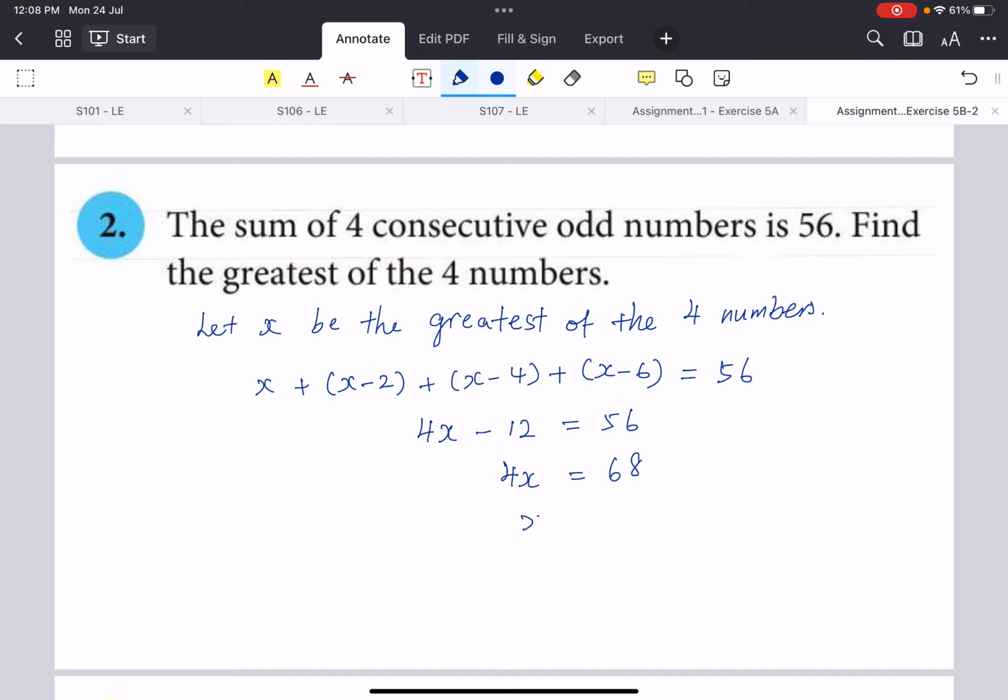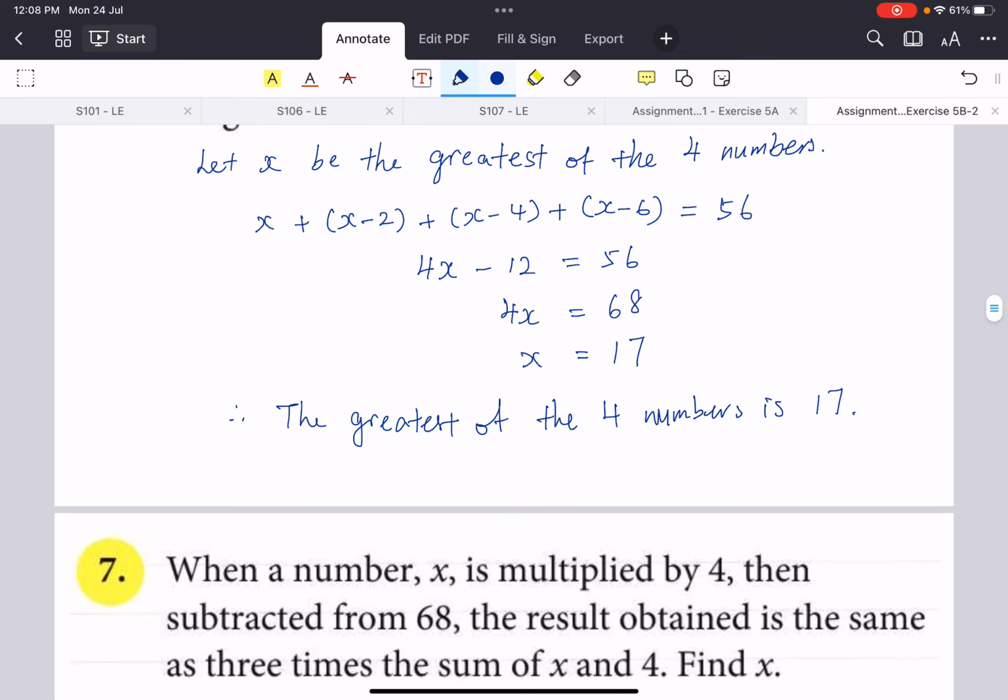That means x divided by 4 here will be 17. There we go. Therefore, the greatest of the four numbers is 17. Right? Now, moving on to the next example.